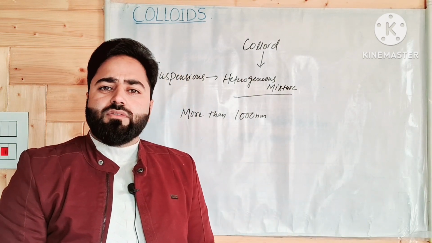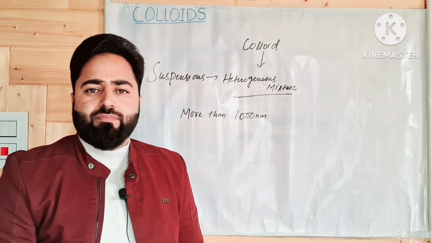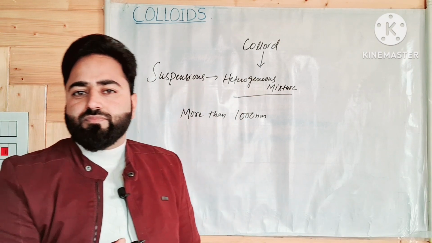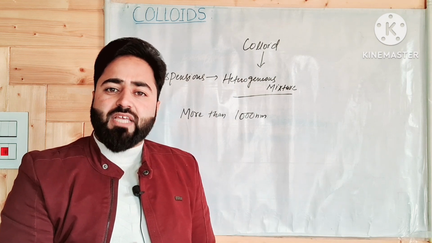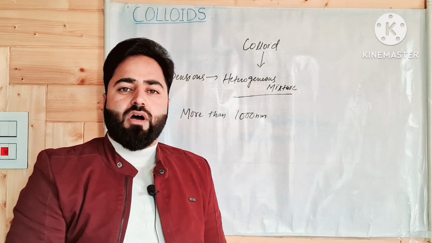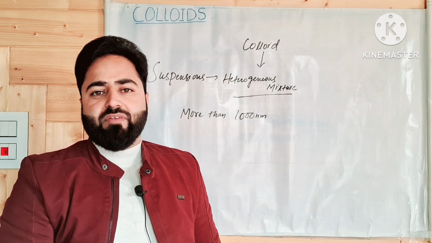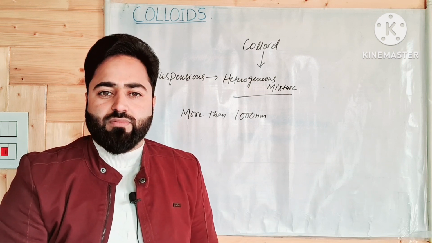A colloidal solution is midway between a suspension and a true solution, because the size of solute particles of a colloidal solution is intermediate between the suspension and a true solution.